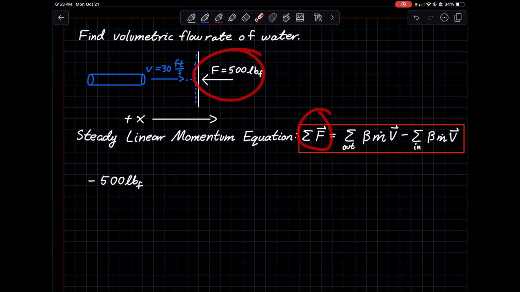We have 500-pound force going against our positive x direction. So negative 500-pound force is equal to what going out? So what's coming out of the system? Well, we have the water, and it goes from here and it goes up and it goes down directly.